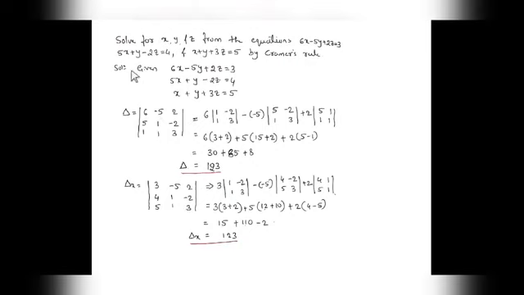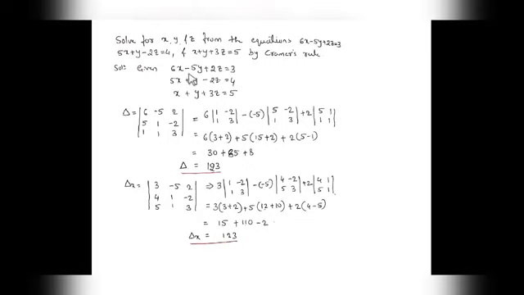For that I have taken one example, that is solve for x, y and z from the equations 6x minus 5y plus 2z is equal to 3, 5x plus y minus 2z is equal to 4, and x plus y plus 3z is equal to 5 by Cramer's rule.